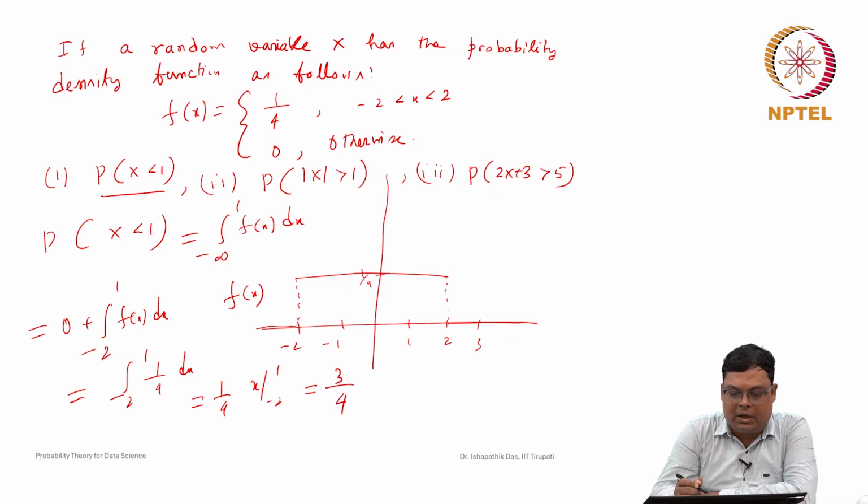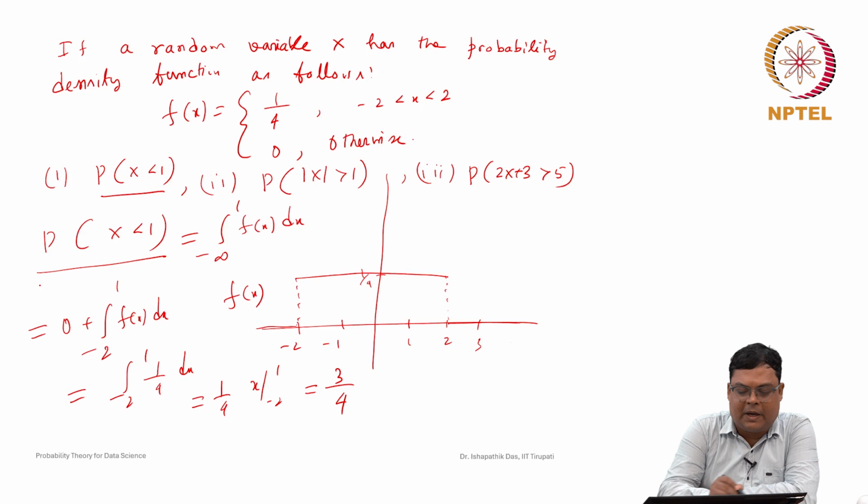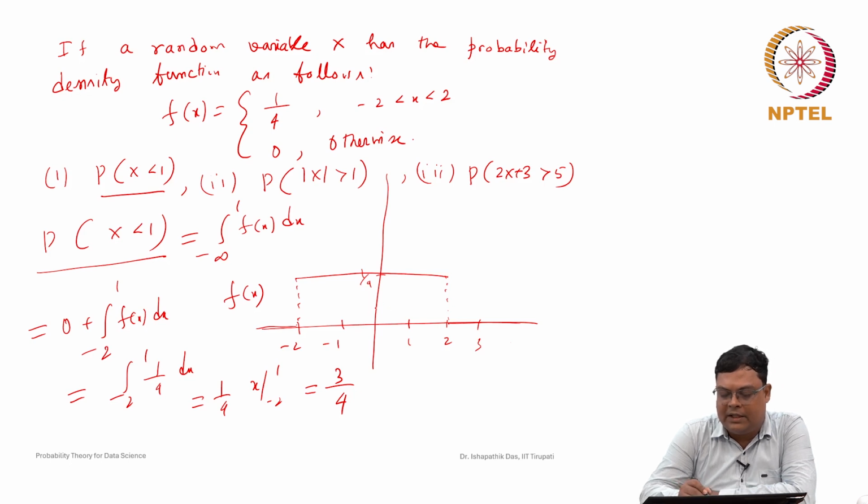I hope there is no mistake. Okay, x less than 1, sorry, x less than 1. So this is fine. Basically it is a uniform random variable, so it will take the same probability on intervals of the same length. That is why it is 4 parts: minus 2 to minus 1, minus 1 to 0, 0 to 1, and 1 to 2.